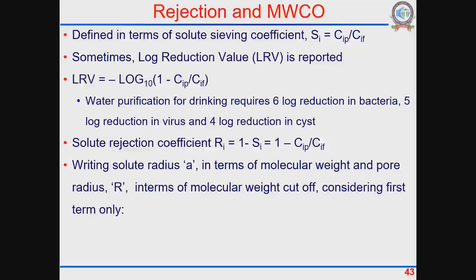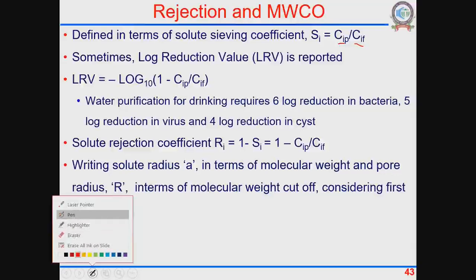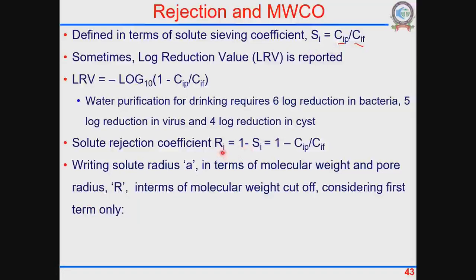Sieving coefficient would be the concentration on the permeate side divided by the feed side. So obviously you can see that the rejection and sieving coefficient are related to one another. Especially when we are talking about water, very commonly we want 99.99% of the solutes to be rejected.